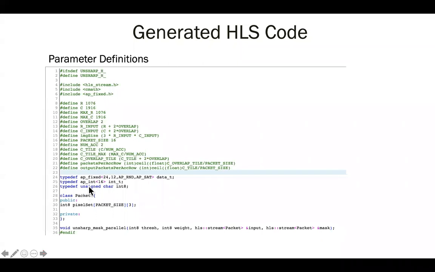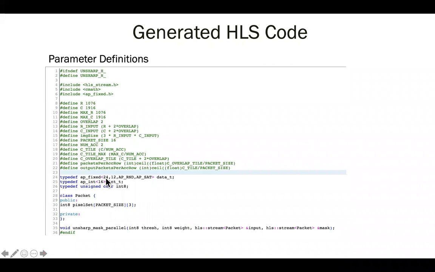One thing I want you to note is on line number 24, you are declaring the data_t type, and we are passing some interesting parameters here. It is a fixed point data type.